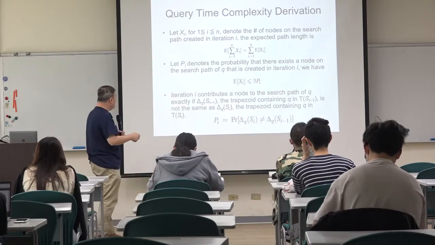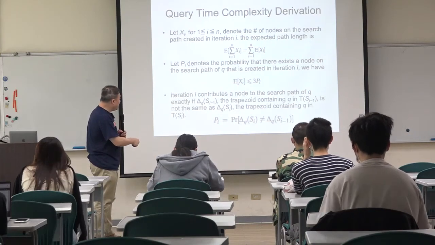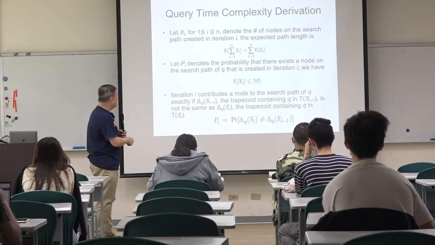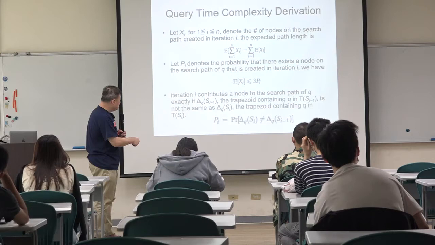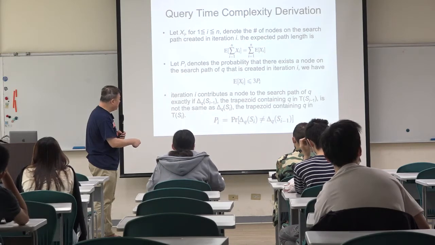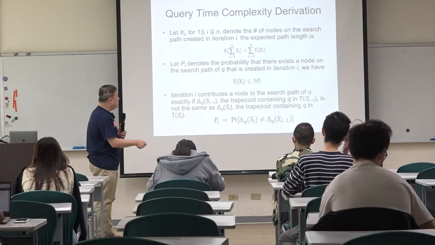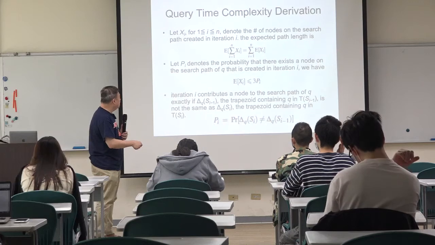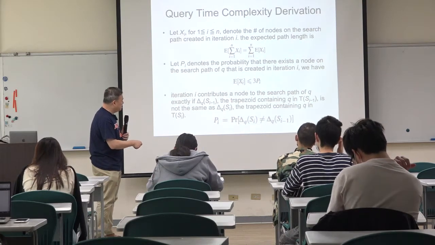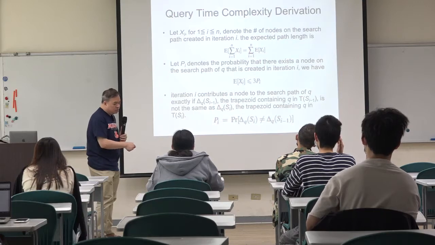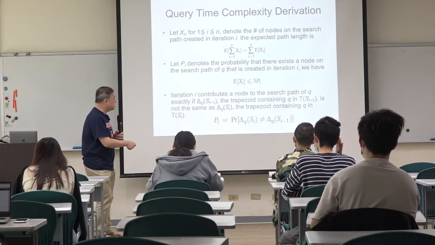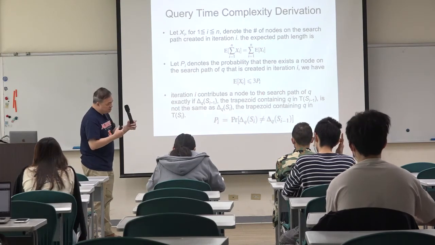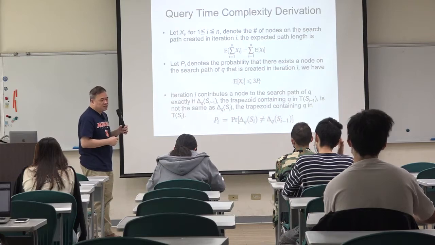And also, we know iteration i contributes a node to the search path of Q exactly if the trapezoid that contains Q in the previous round is not the same as the new trapezoid that contains Q. If these two are different, then iteration i will contribute a node to the search path, right?